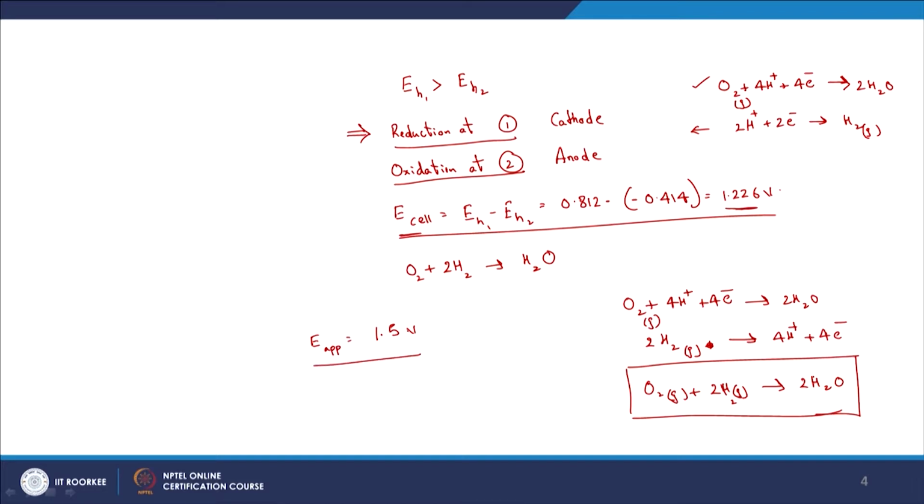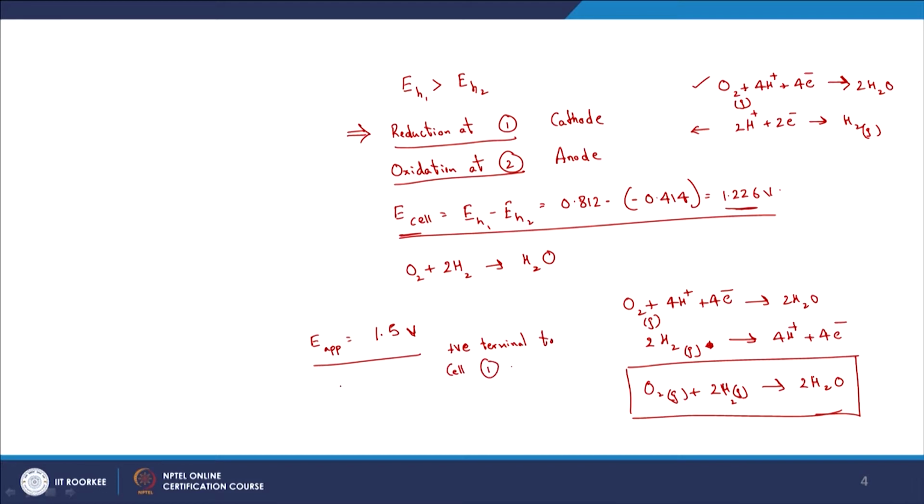We want to see to it that we promote oxidation at 1, and what does that mean? I am going to connect the positive terminal to cell 1.